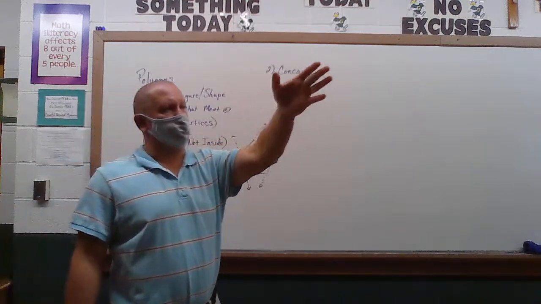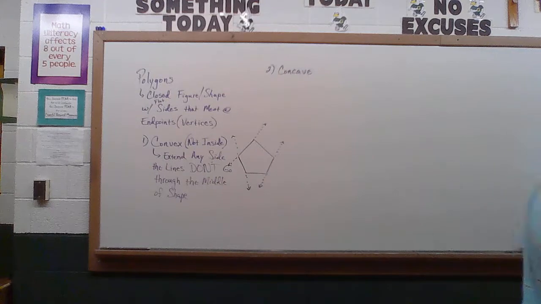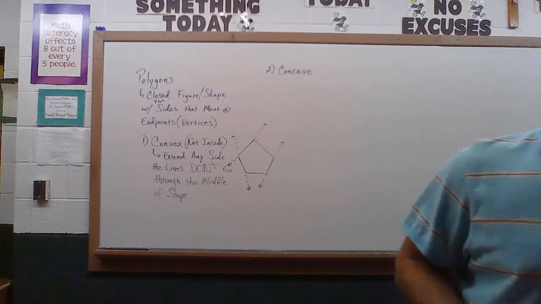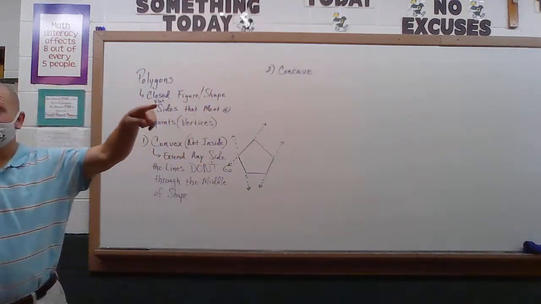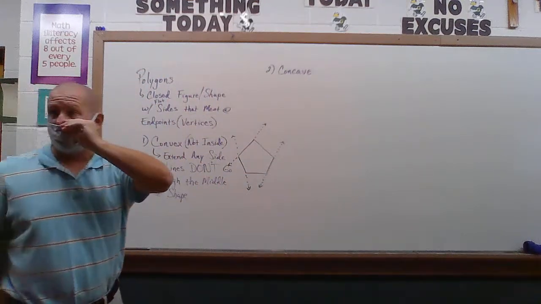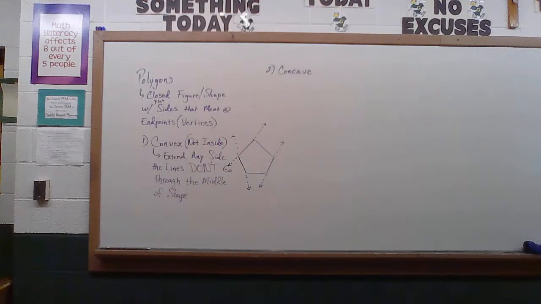The one to the right of that, how many sides is it? 7. What's a 7-sided figure? Not a septagon, but a heptagon. So would you say that one's concave or convex? It's still convex, right? It's not going to go on the inside.